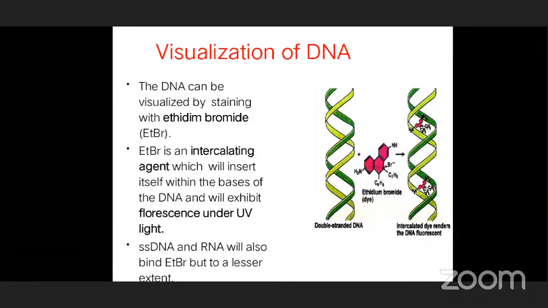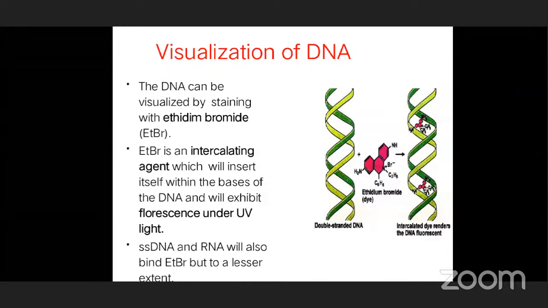Also, ethidium bromide is an intercalating agent. It inserts itself between the bases of the DNA and exhibits fluorescence under ultraviolet light. But care should be taken during handling. Also, single-stranded DNA and RNA will bind with ethidium bromide, but to a lesser extent.